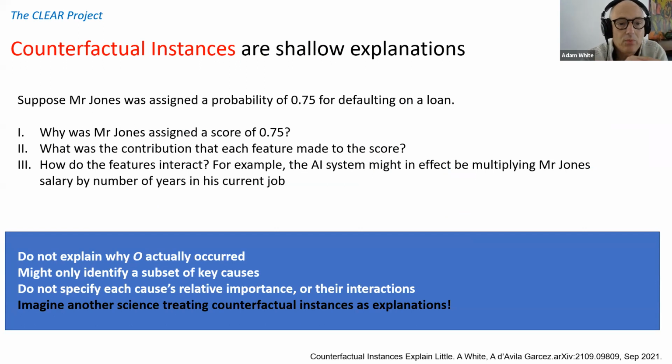It wouldn't explain what the contribution of each of his features made to that score, and wouldn't explain things like how the features interacted to generate the score. For example, the AI system might in effect be multiplying Mr. Jones' salary by the number of years in which he'd been in his job. But you wouldn't know that just by getting a set of counterfactual instances.